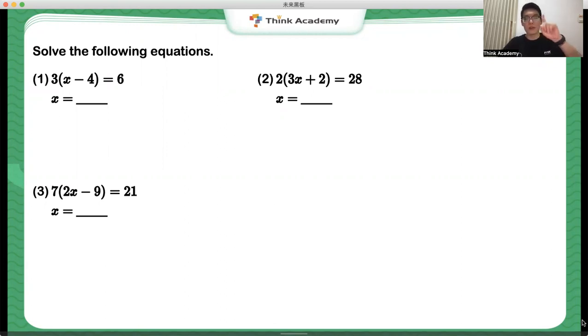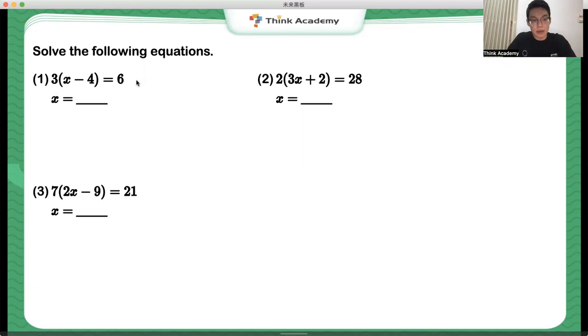So first of all, the first way of handling these questions is that you can see that I have some brackets in this question. And when I put a number outside the brackets in algebra, it means that 3 is multiplying to whatever is in the brackets, x minus 4. And that's equal to 6.